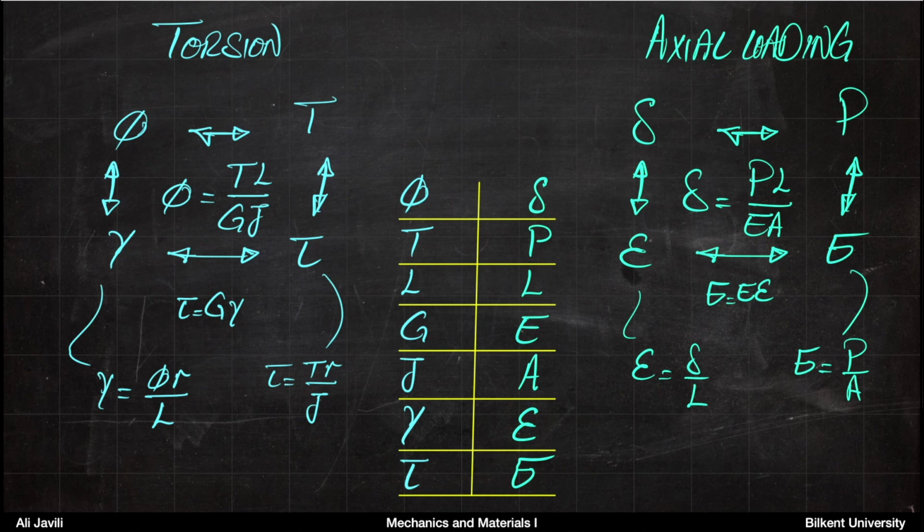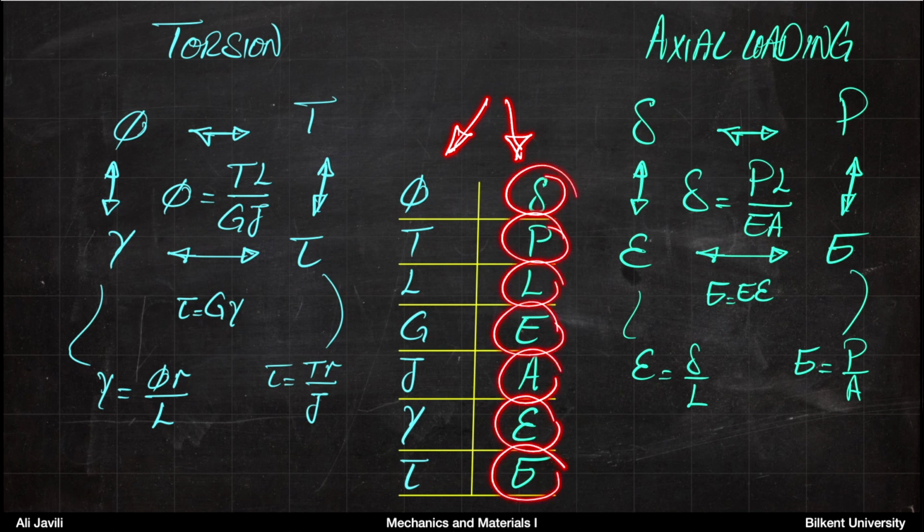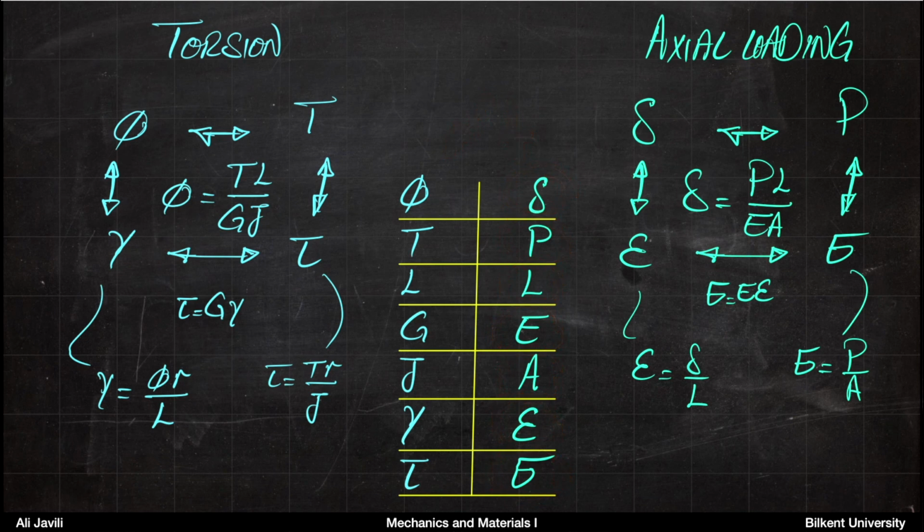Again, similar to before, it's very important that you see that every parameter that you have for an axial loading problem has its own counterpart for a torsion problem. And also their dimensions matter.